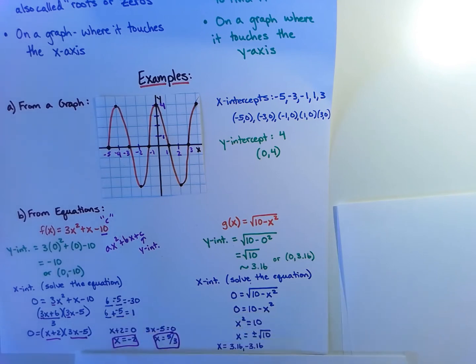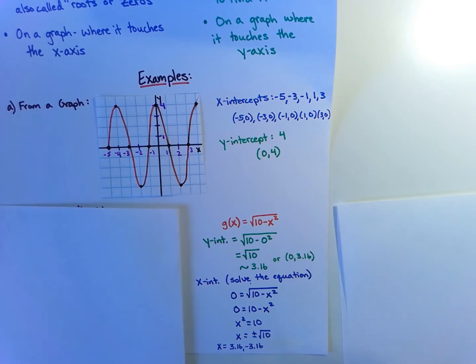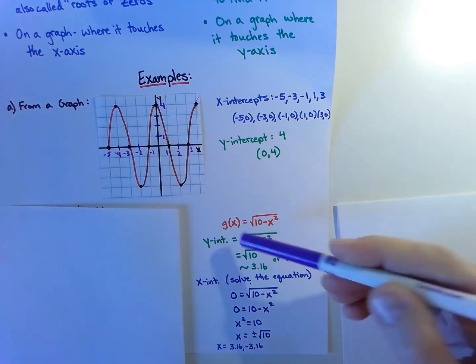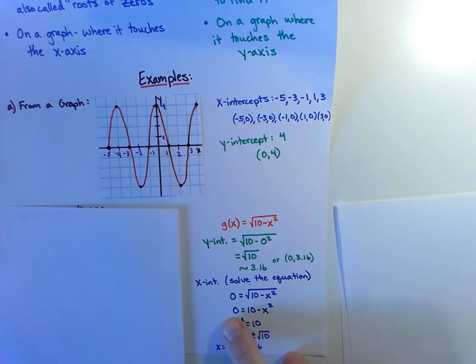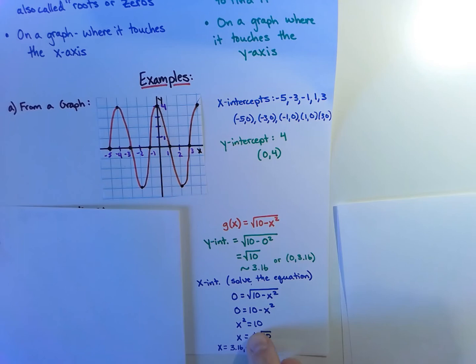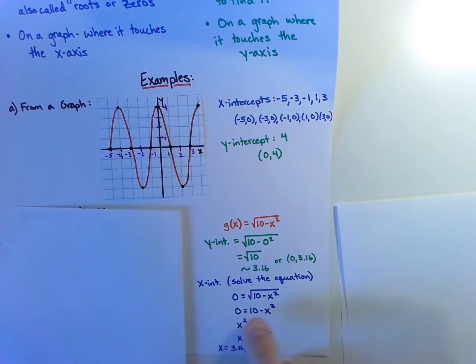But then for the x-intercepts, again, it takes a little more work because you have to solve the equation. And so I put 0 in place of g of x, and then I started solving. So I had to get rid of the square root sign, so I squared both sides. Then I needed to get x squared on one side, so I added it to both sides so that it moved over.